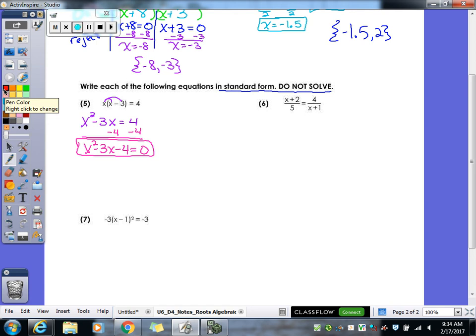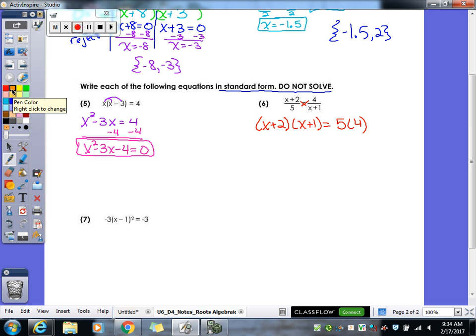Number 6, what would we have to do first? Cross multiply. So we're going to have x plus 2 times x plus 1 equals 5 times 4. You need to set it up that way first.